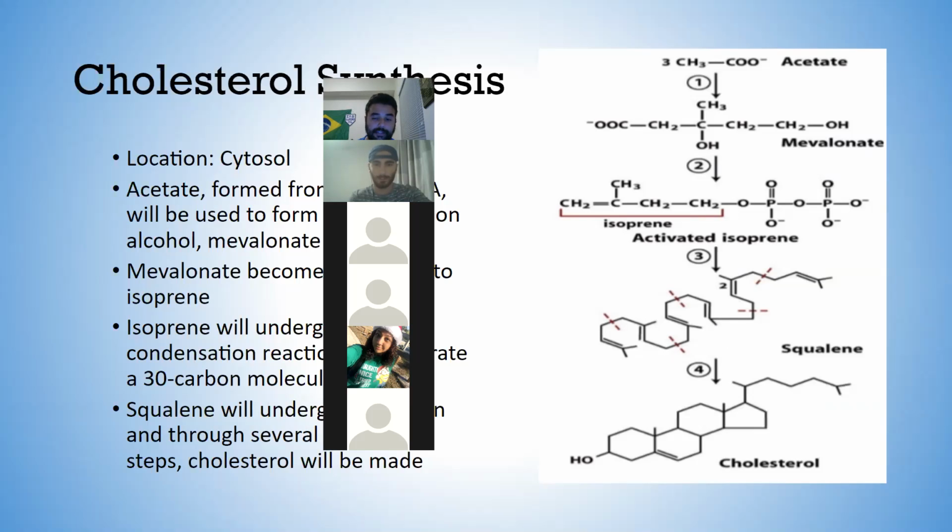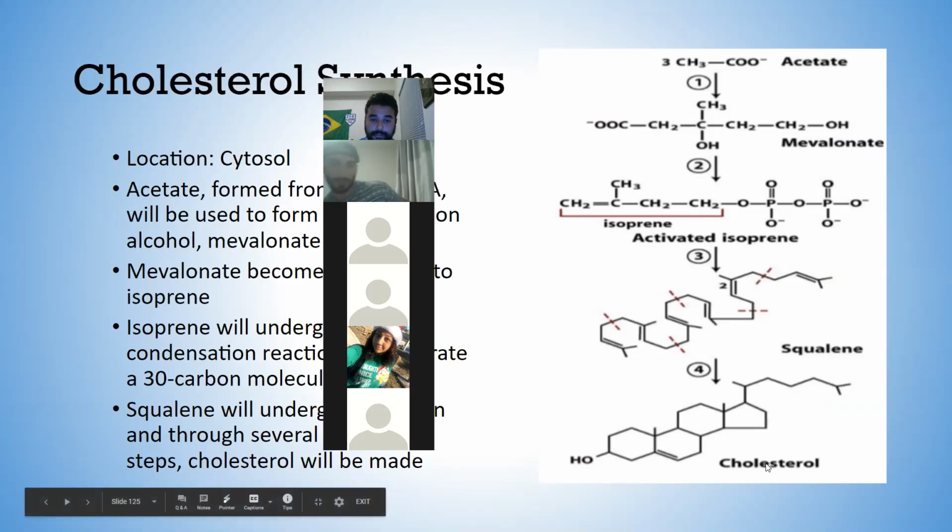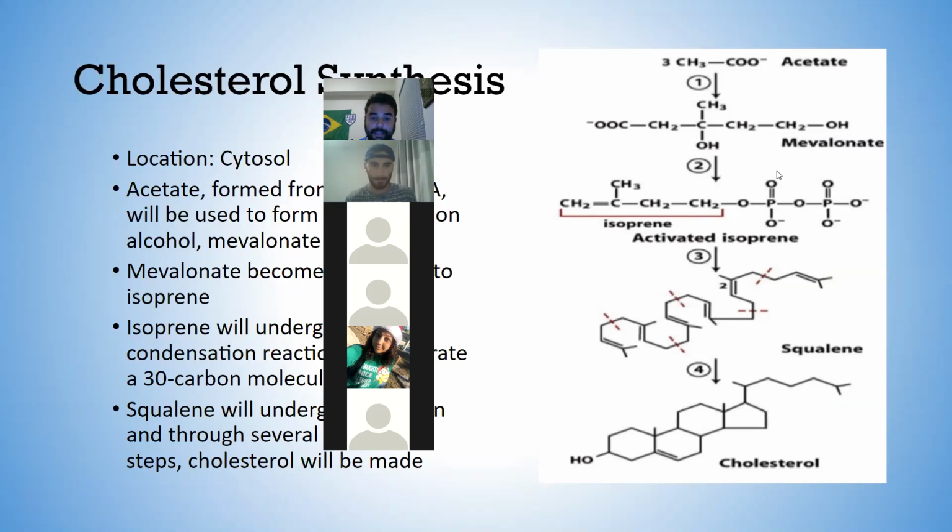But an important reaction to know is the addition of oxygen into squalene that drives the cyclization reactions that eventually form cholesterol. That's very, very important. For the main purpose of this exam, just be aware of these intermediates of cholesterol synthesis, and for example the main rate-limiting step, which is HMG-CoA reductase.